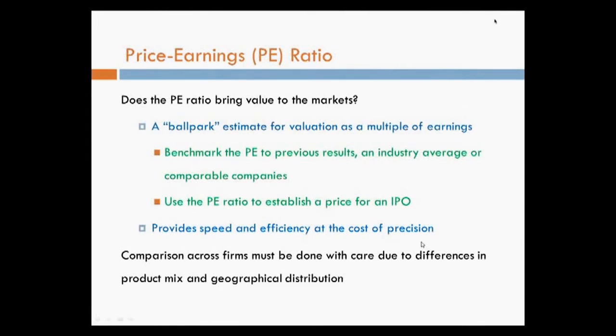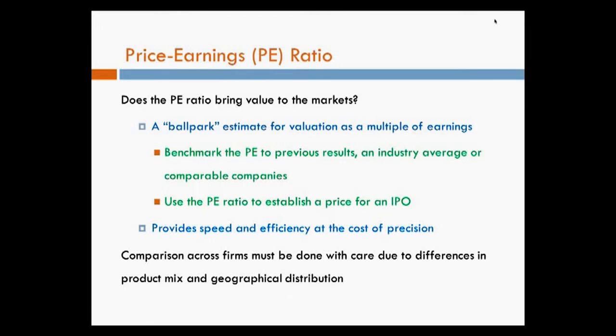Okay, so what do we think about the PE ratio? It's a ballpark estimate for valuing as a multiple of earnings. That's good. You should be benchmarking it versus the industry average, if you can find that, versus other companies, versus previous results of your company. It's used to establish a price for an IPO.